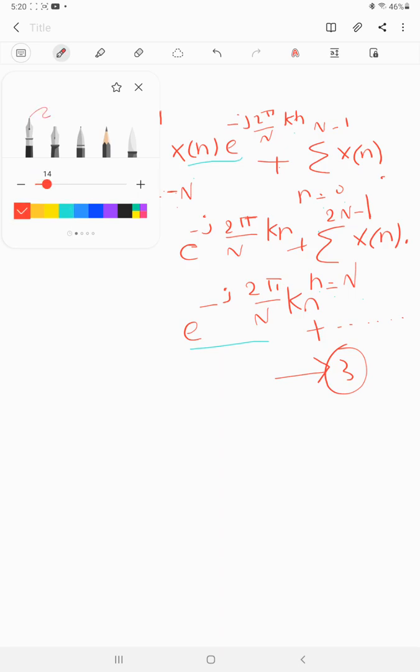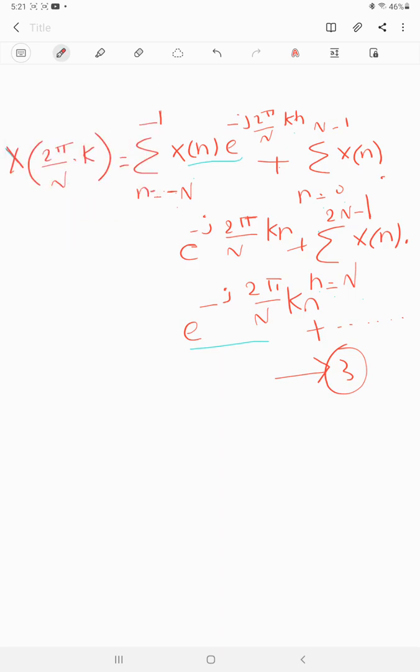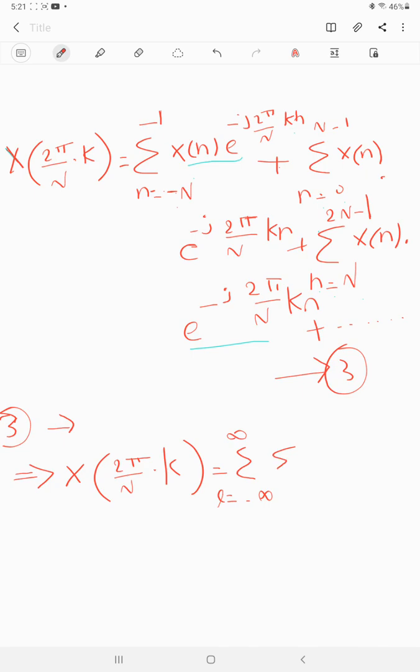We are going to write the compact version of equation 3, that is X(2π/N · k) is equal to summation of L equal to minus infinity to infinity, summation of n equal to LN to LN plus N minus 1 of x(n) e^(-j2π/N · kn).